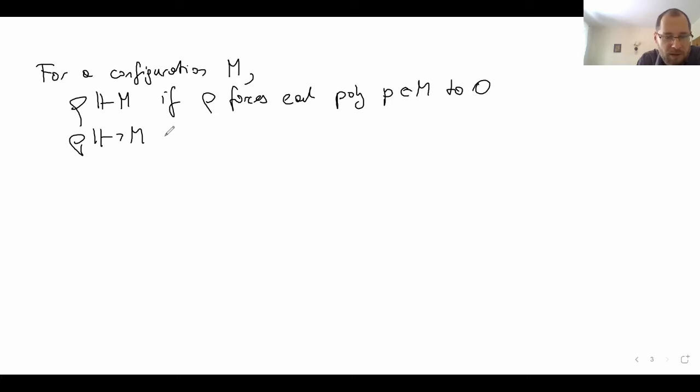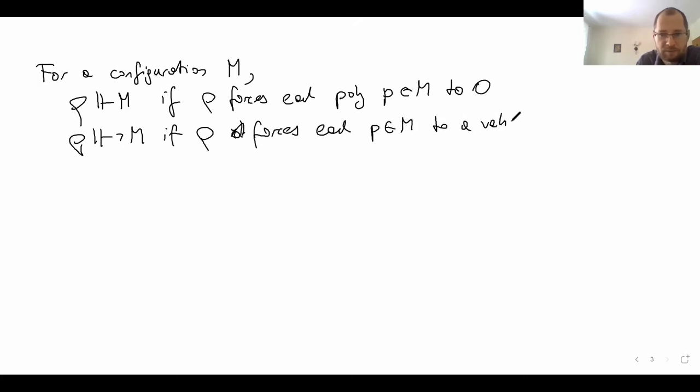Well, okay, so the important thing is that you want to decide each polynomial. So rho decides, meaning gives a value or forces, each polynomial P of M to a value, but for at least one P, rho forces it to non-zero.